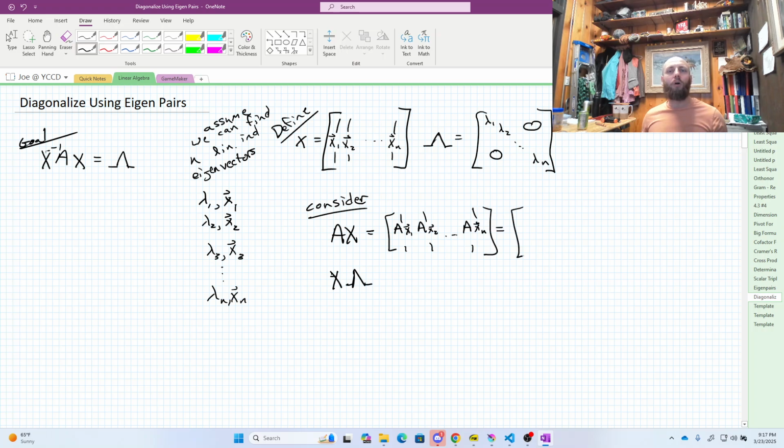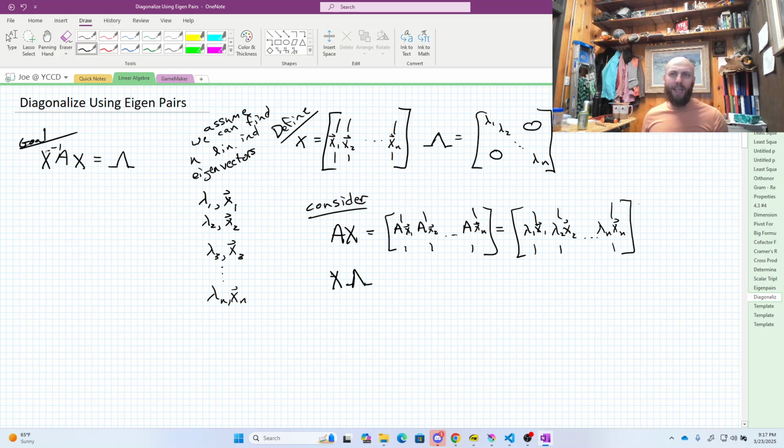Because x1 is an eigenvector that goes with the eigenvalue lambda 1, the first column is going to be lambda 1 x1. Then the second column is going to be lambda 2 x2, and so on, until we get to lambda n xn.